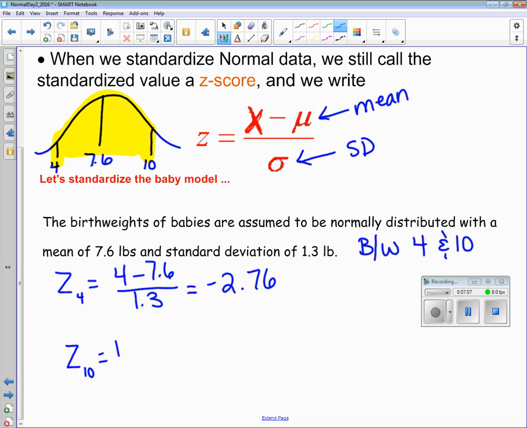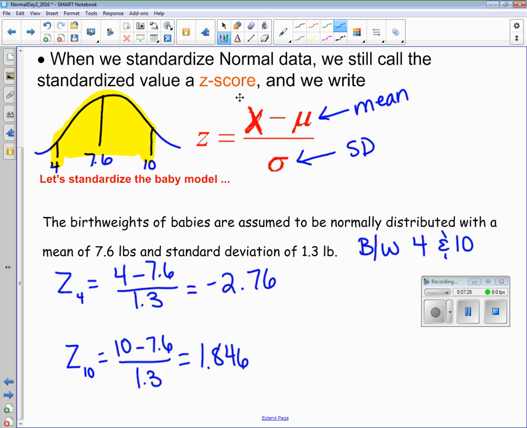So for our z-score, we're going to have 10 minus 7.6 divided by 1.3. And tell me what you get there. 1.846. Okay. Positive value. Is that okay? Not too bad.